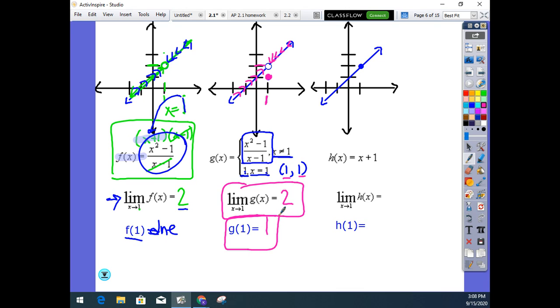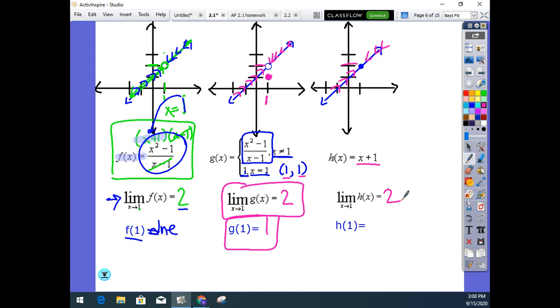All right, let's look at what happens with this one. This is just a straight line with no hole, no extra pieces, just x plus 1. So the limit as the graph approaches 1, getting close, getting close, getting close from each side, that y value that I'm getting close to on the edges of the graph is 2.